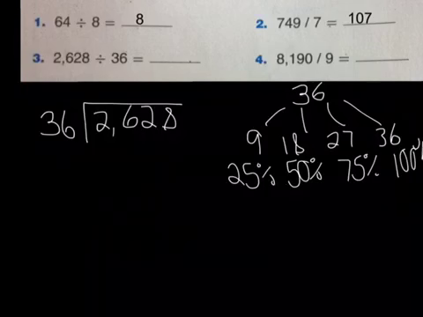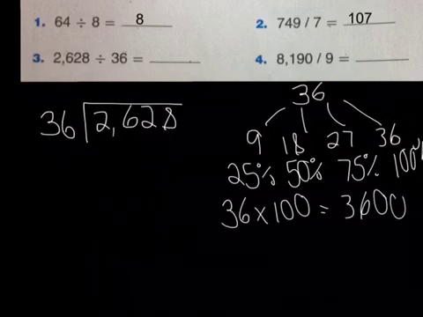And again, you're probably wondering, why are you showing us this? Well, for this reason. If I multiply 36 times 100, I am going to have the number 3,600, correct?